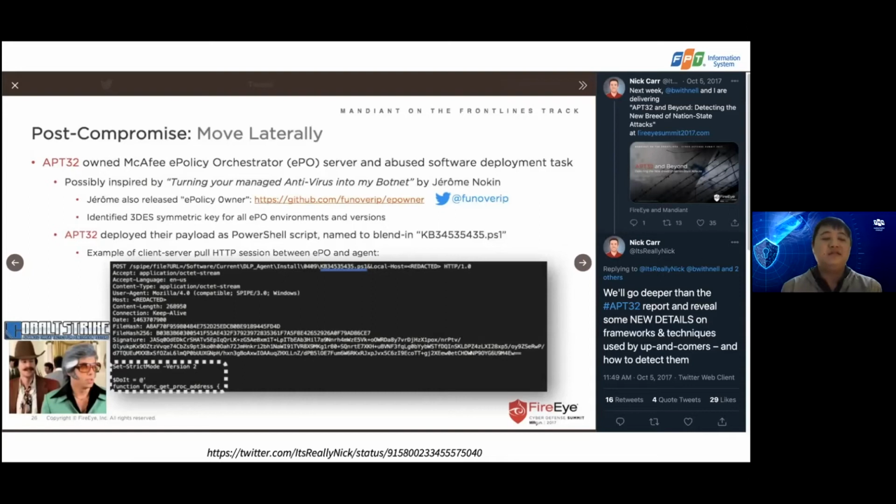Unfortunately, our customer also used the McAfee orchestrator. So it's really crazy.